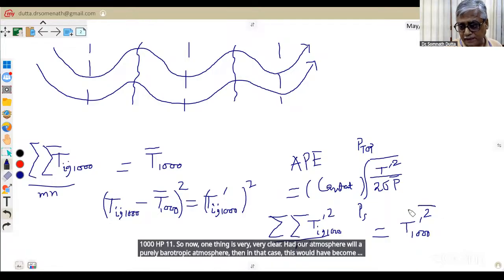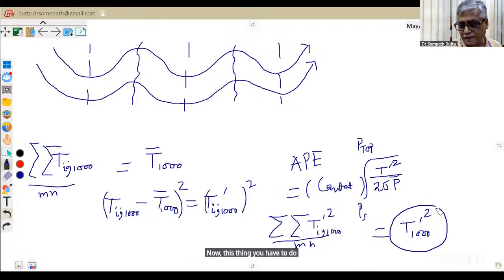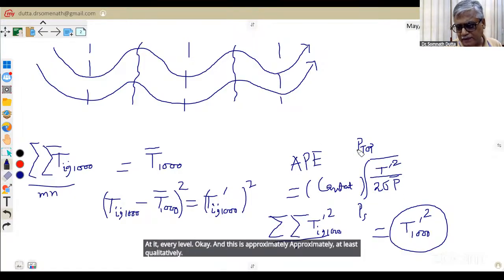Now this thing you have to do for every level. For every level if you do it, and then you integrate, you just add it for every level, at least qualitatively it is representing this quantity.